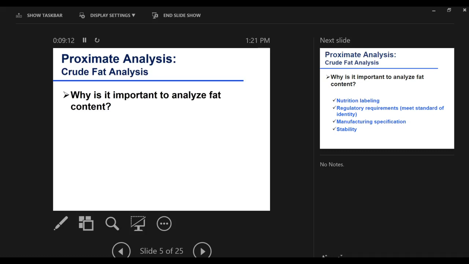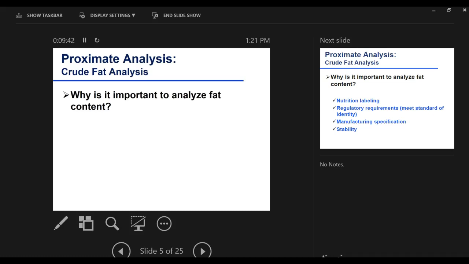Amanda? Yes, excellent. Shelf life. So the fat content is directly related to the stability and hydrolytic or oxidative sensitivity over time. That is very good. Oh, well, there's one more, very important. Is it standard of identity? Standard of identity, yes.